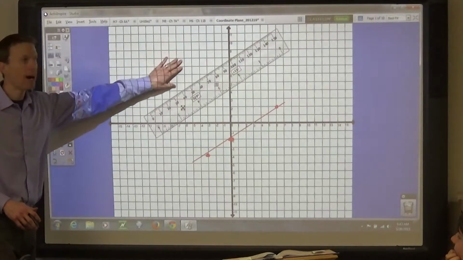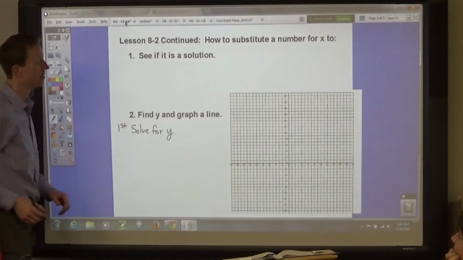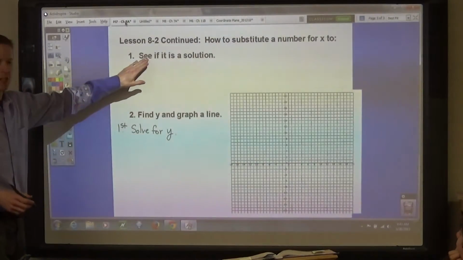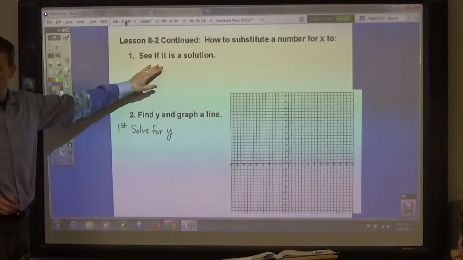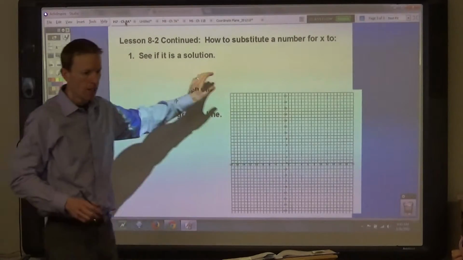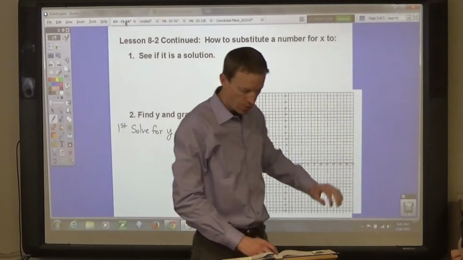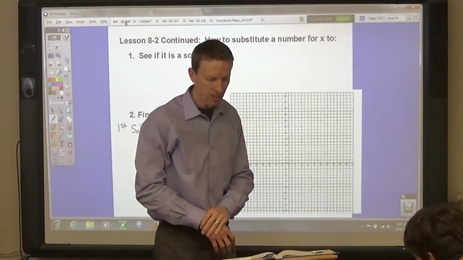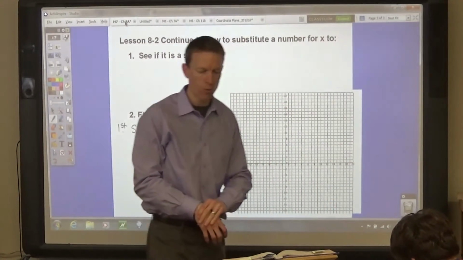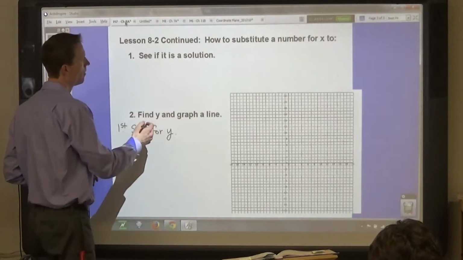So, we know how to graph lines. Okay? What if we just need to see if a point is a solution? What if it says, number 1 on page 412 again, find the solution for each equation when x is negative 5.